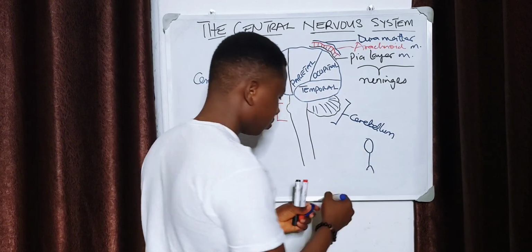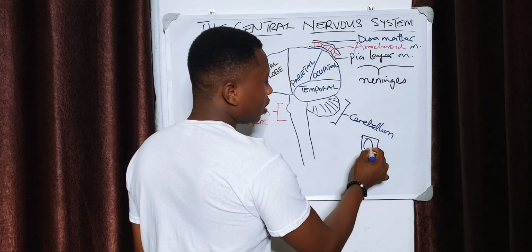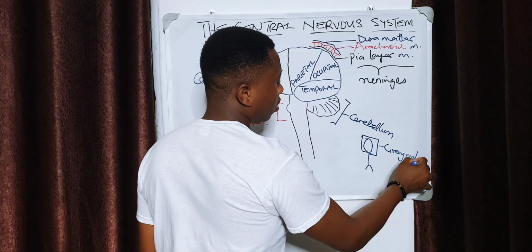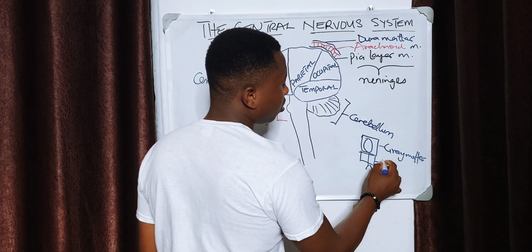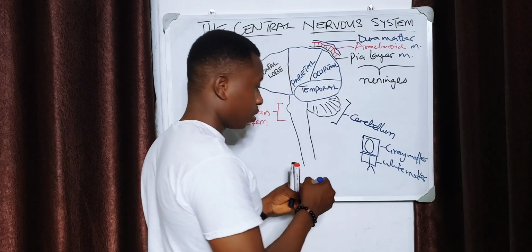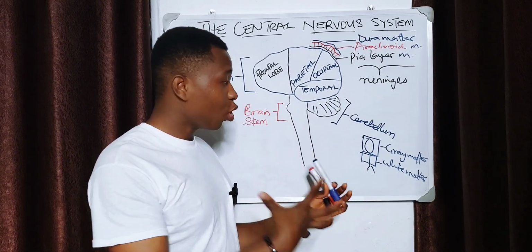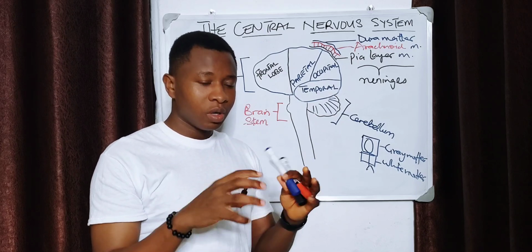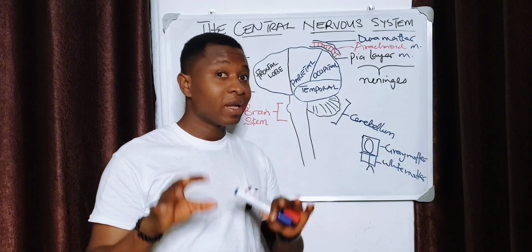This portion is what makes up the gray matter, while this portion, the axon, is what makes up the white matter. So the cell bodies of a lot of neurons come together to make up the gray matter, while the axons make up the white matter.